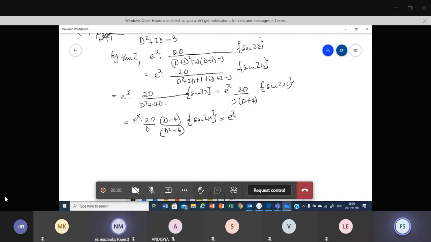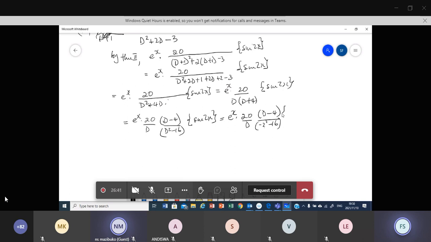Next is e to the power x, that becomes 20 over D into D minus 4. We substitute. There is minus 2 squared minus 16. This 2 is that 2 there, acting on sine 2x.